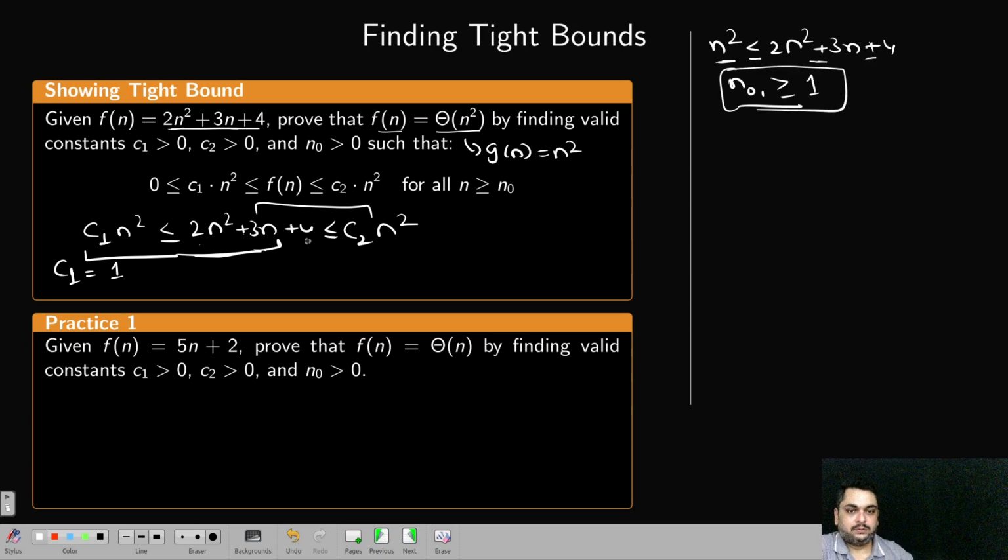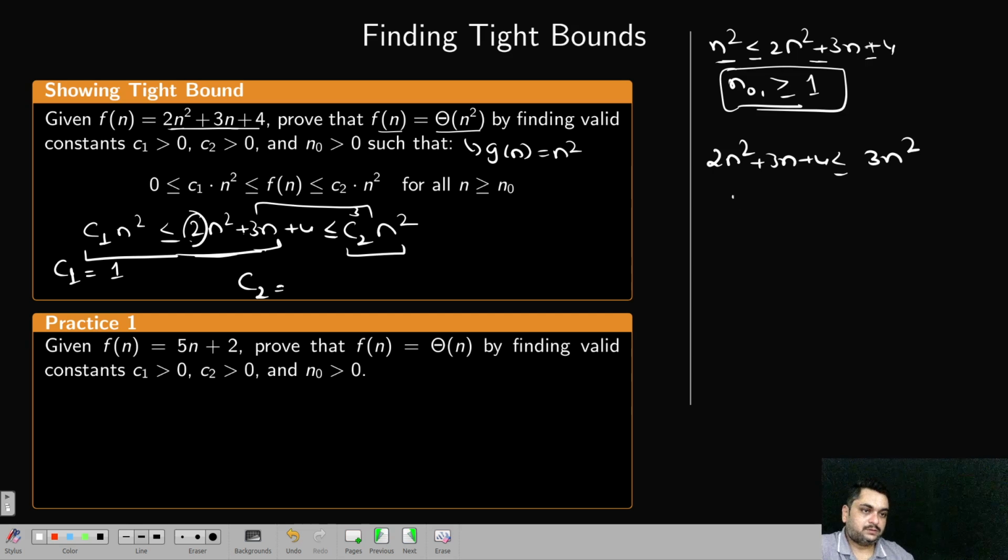Now you check the upper bound. Let us choose C2 equal to 4, I'm trying to find the tight values. So 3n square plus 3n plus 4 is less than or equal to C2 n square. Now for what value does this hold true?